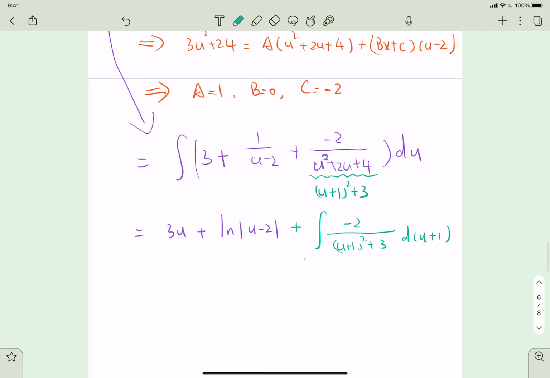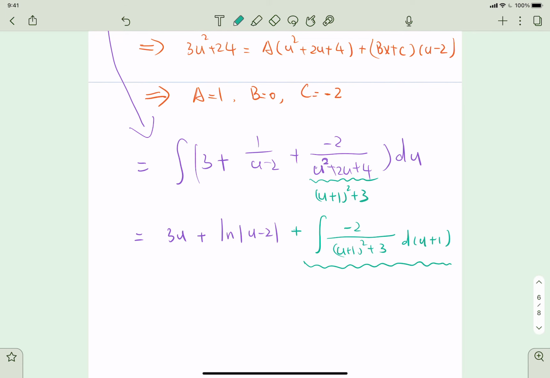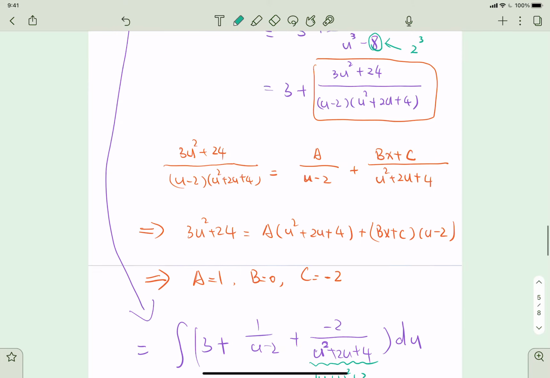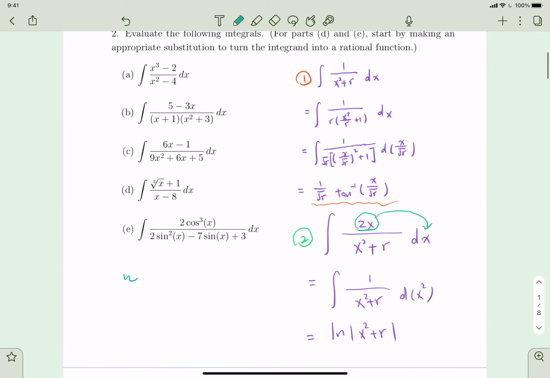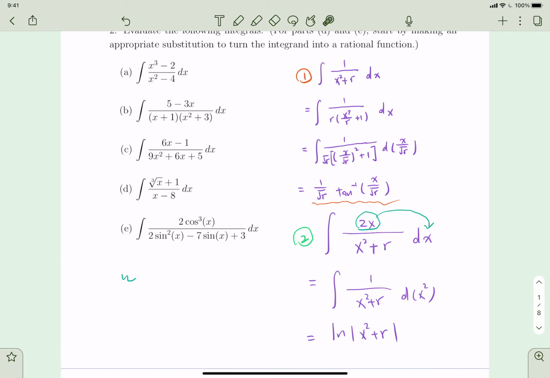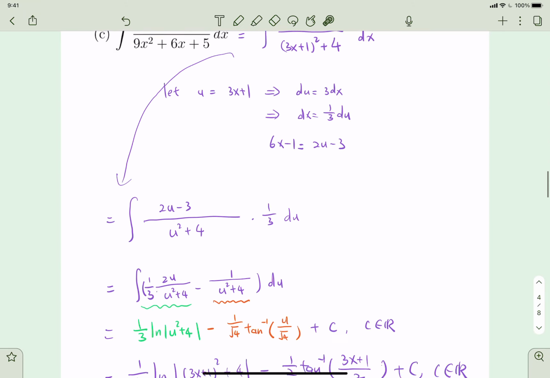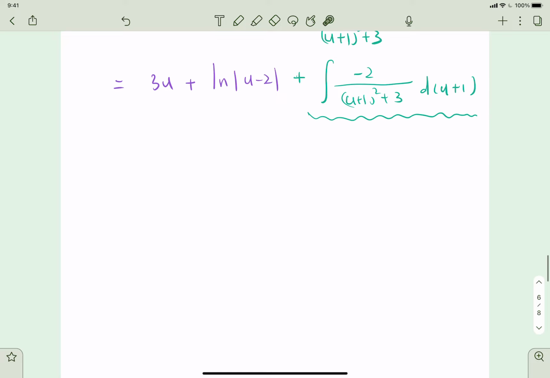So we have this guy here. But this guy is the second type of integral we've seen at the beginning. That is this one. Okay. And this one here. This one. It's just with the u plus 1 in the bottom as the replacement of x, but that's not a big deal, right?